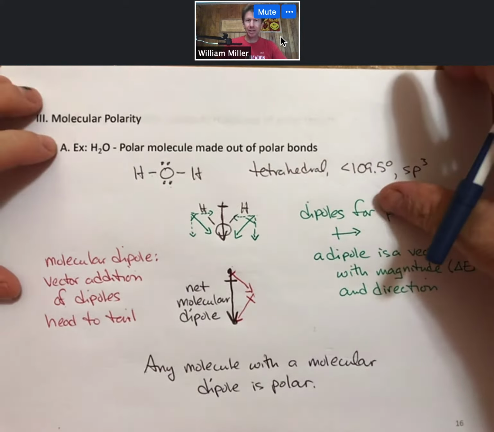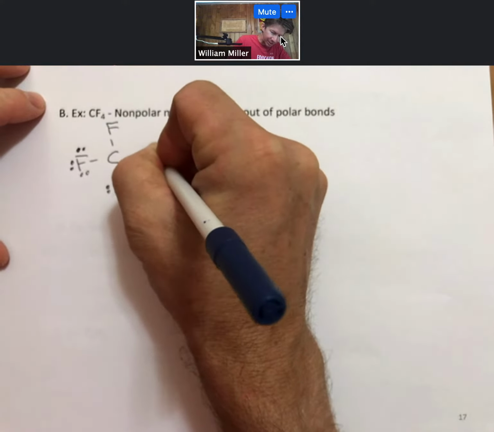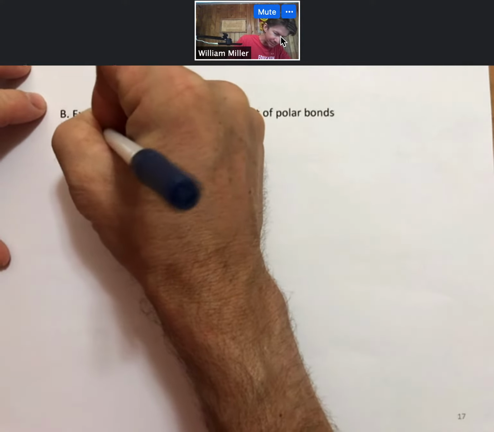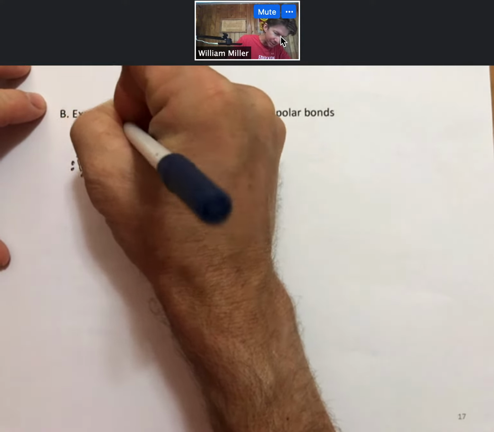Lewis structures always have all pairs of electrons, so let's draw them all in. So many electron pairs. They're all on outside atoms though. Okay, so this is the Lewis structure for CF4. It has around the central carbon 4 electron groups. This is tetrahedral electron geometry.